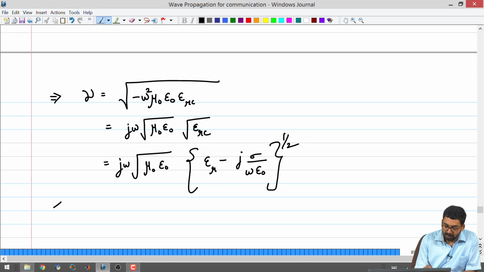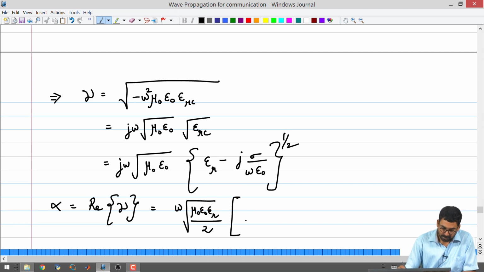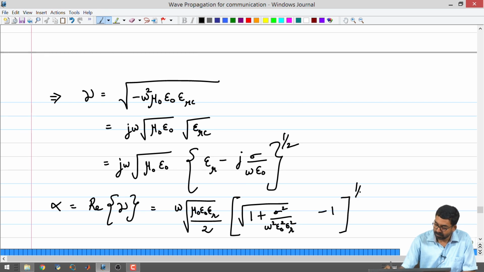And I saw that alpha, which is the real part of the propagation constant, in this case turns out to be omega square root mu naught epsilon naught times... there is no way I would have guessed this. So, it was justified that I did use a tool to calculate.